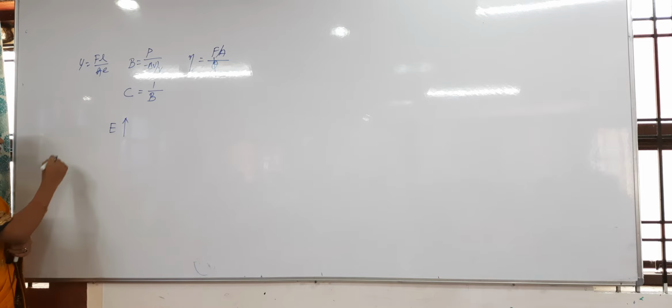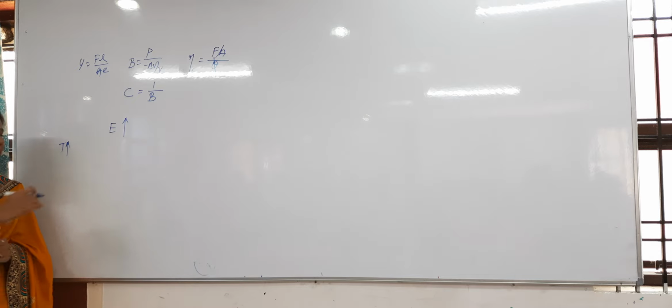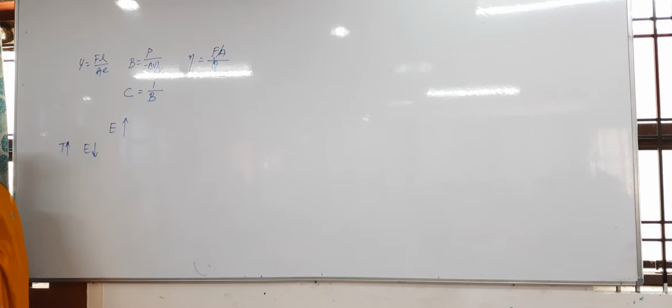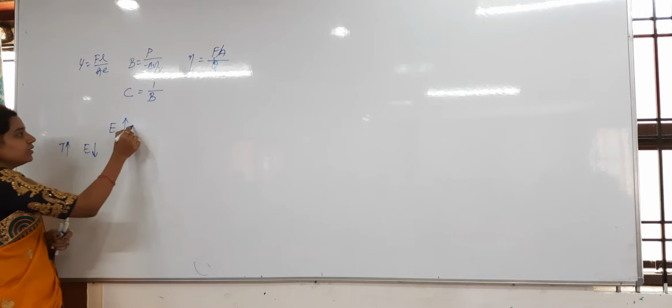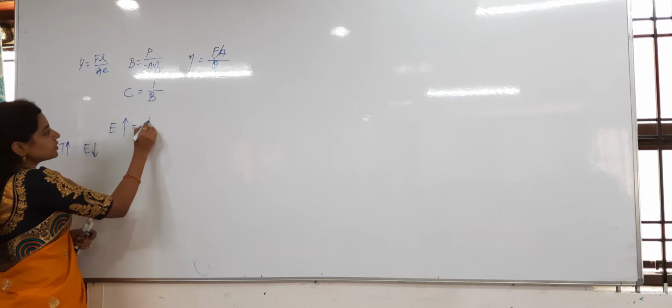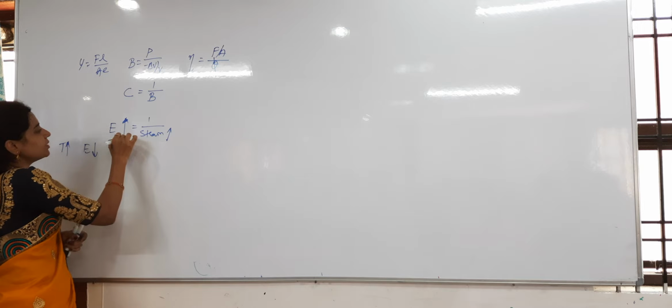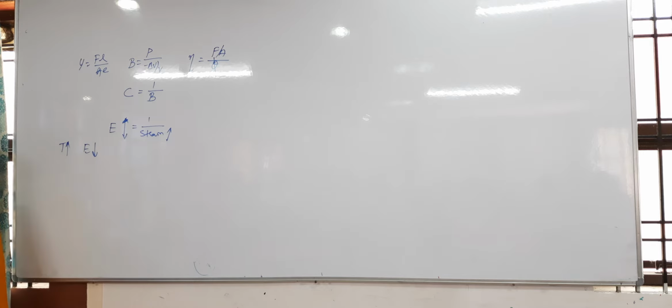First of all, temperature rises, then what happens? Elasticity will decrease. Why? Because the strain increases. Length increasing is nothing but strain increasing. E is inversely proportional to the strain. If the strain increases, then elasticity will decrease.